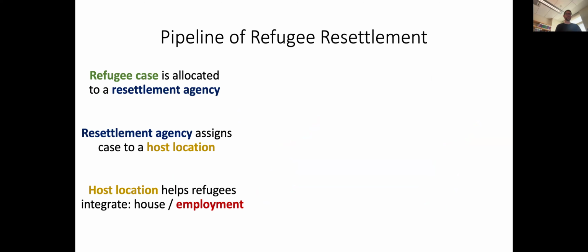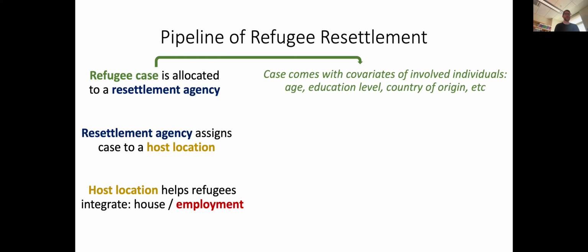So in the US in particular, the refugee case is allocated to a resettlement agency. There are 11 of those. Those are non-governmental. And the resettlement agency has local affiliates in all sorts of different cities.